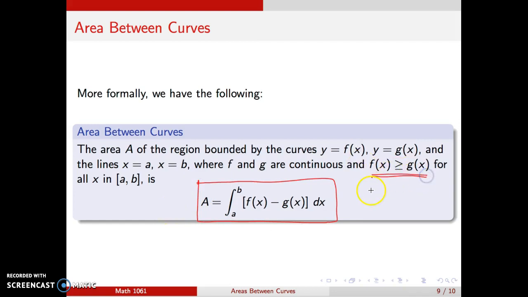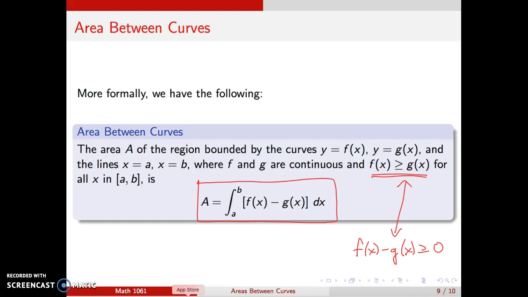This is key. This makes the integrand non-negative. So this is equivalent to f of x minus g of x being greater than or equal to 0. So we're integrating a non-negative function.